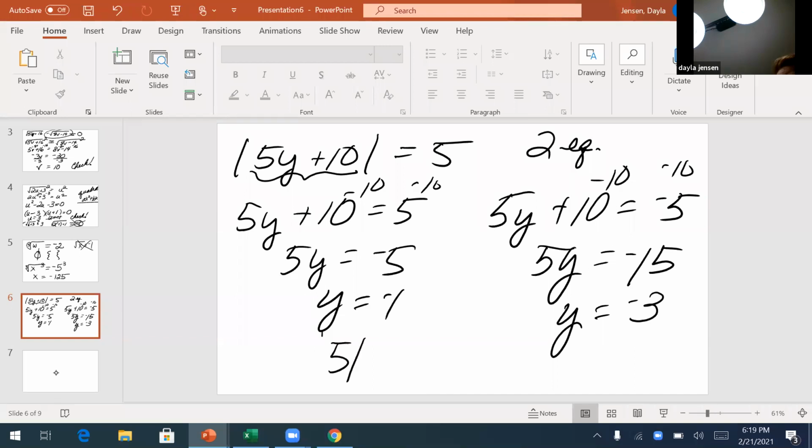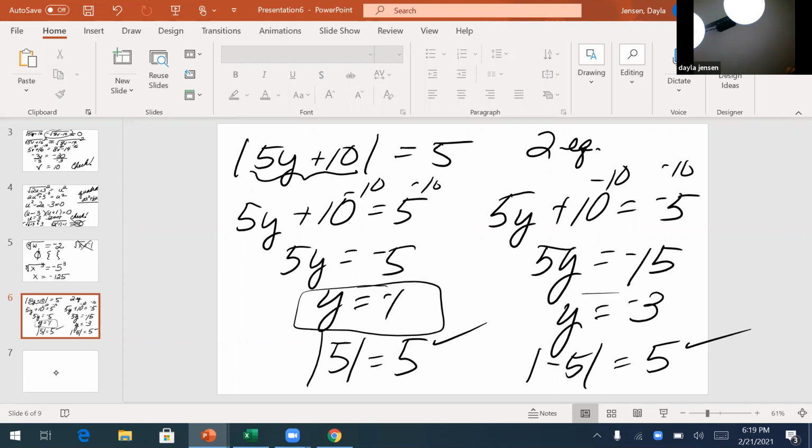The absolute value of 5 is 5. If I put -3 in there, I get -15 plus 10, which is -5. The absolute value of -5 is 5. So they both check. There are two answers: y could be -1, y could be -3. That's one type of absolute value.